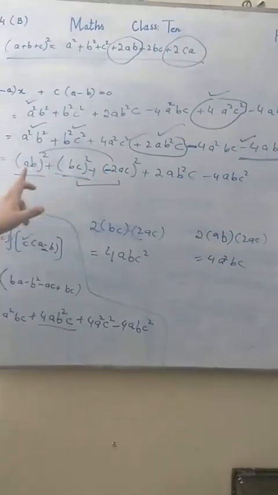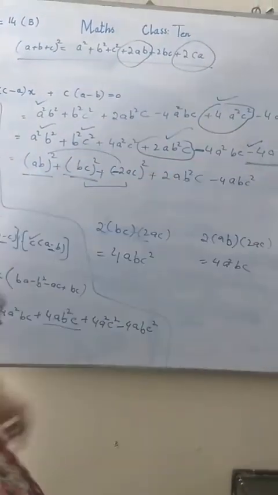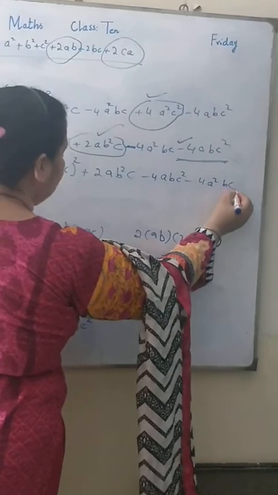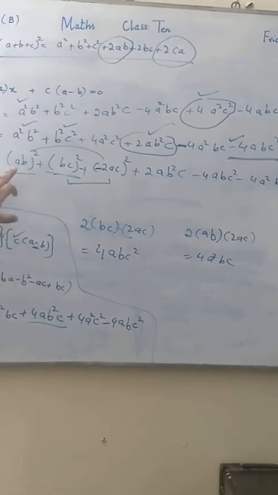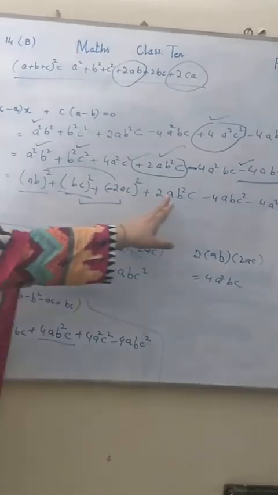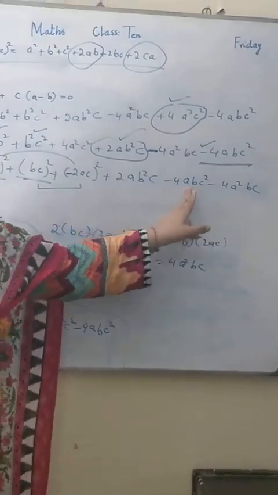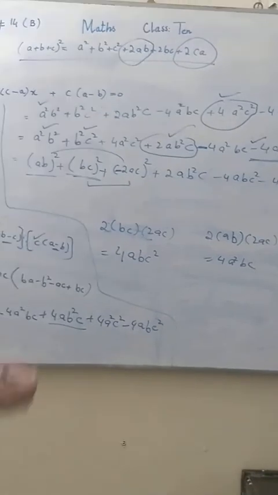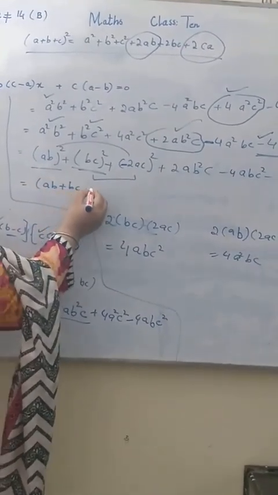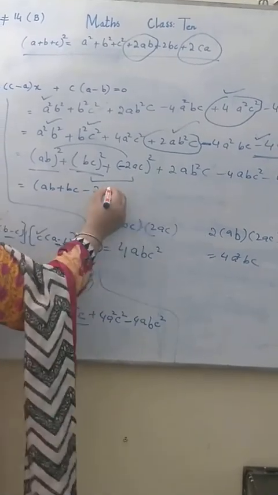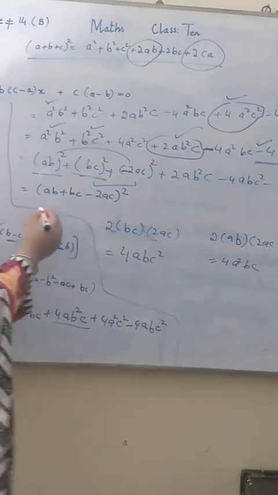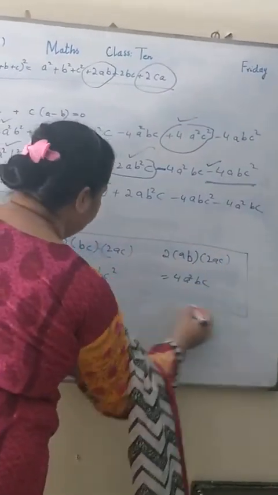So we will write minus 4a square bc. Now we have a square, b square, c square, plus 2ab plus 2bc plus 2ca. It means we can write it as (ab plus bc minus 2ac) whole square. As we have shown it as a perfect square, this was the rough work.